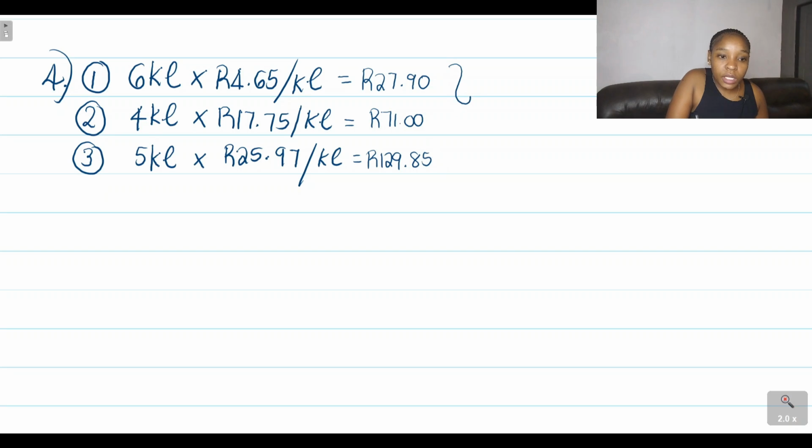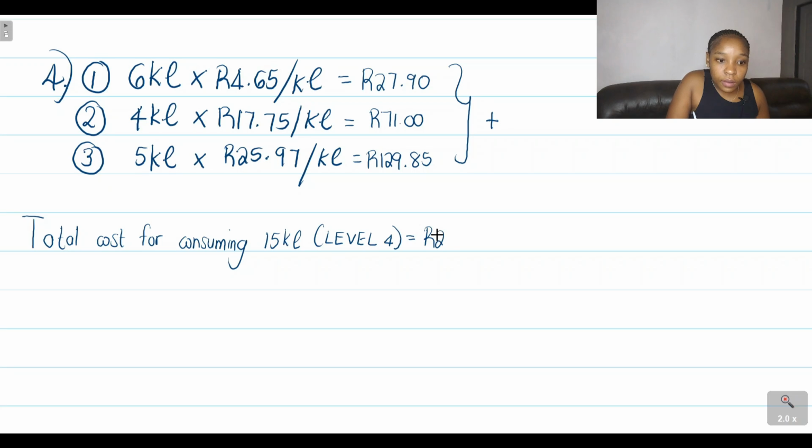Okay, what do we need to do now? We need to add up all these tariffs together to get the total cost that the family will have to pay for consuming. It will be 27.90 plus 71 plus 129.85.